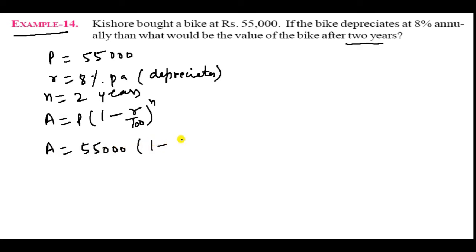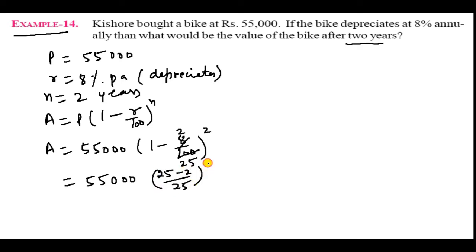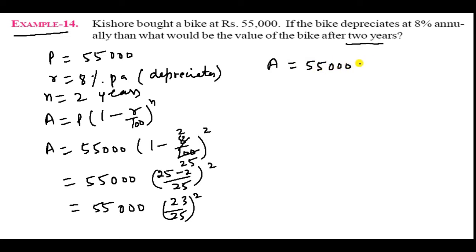So the formula becomes A is equal to P(1 - R/100) whole power n. Now apply the formula. 55,000, the amount will be found here. It is 55,000 and 1 minus R is given as 8 upon 100 and whole power n is 2. So 4 twos are 8 and 4 twenty-fives are 100.